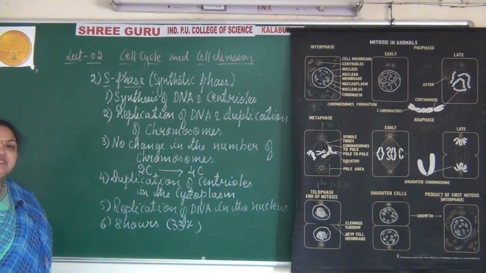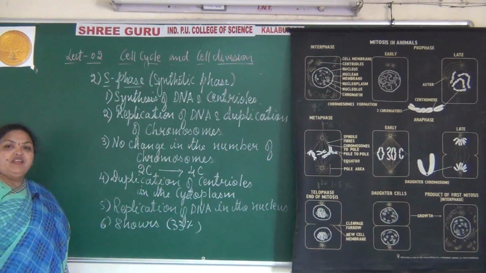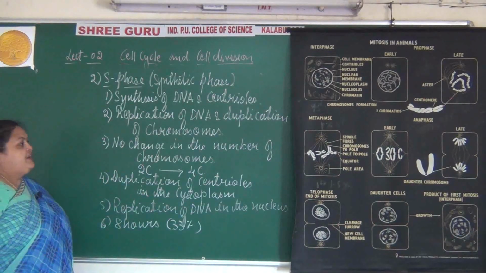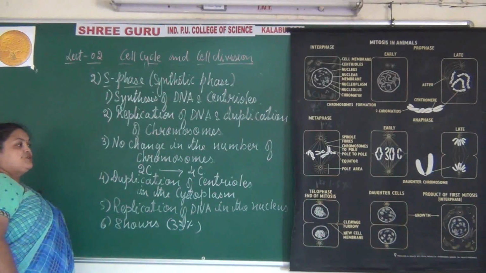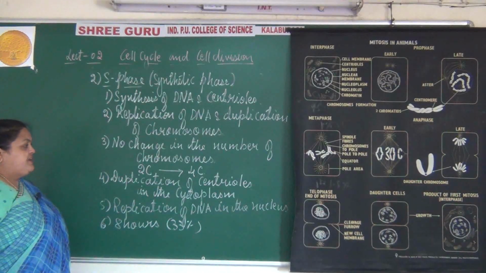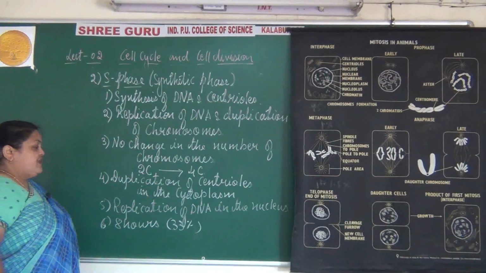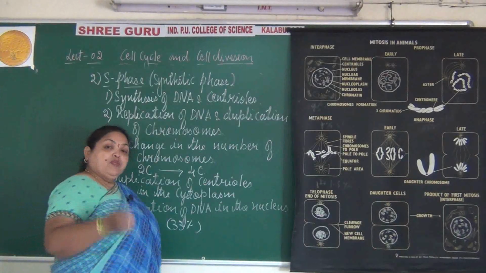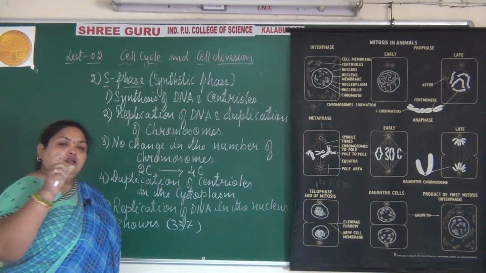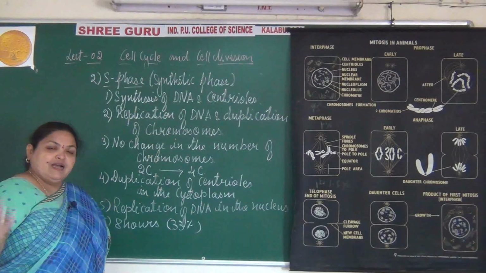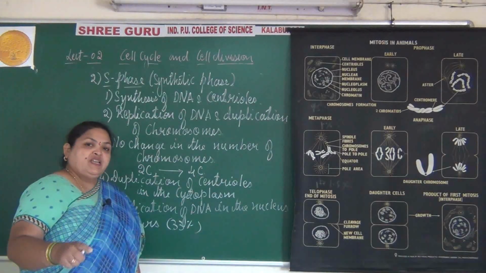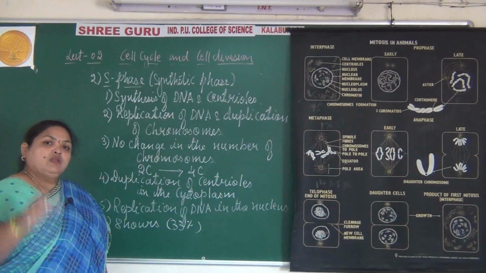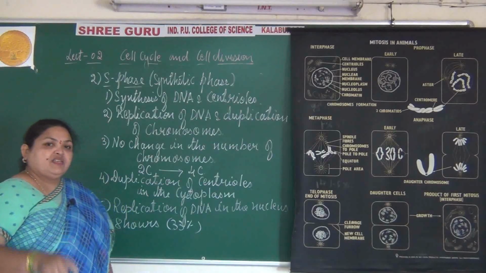So once again, what happens in this phase? There is synthesis of DNA and the centrioles. There is replication of DNA and duplication of the chromosomes. There is no change in the number, but the amount increases from 2C to 4C. Duplication of centrioles and DNA replication go on simultaneously. The process occurs in the nucleus, and simultaneously it occurs in the cytoplasm. Both are occurring within the cell.